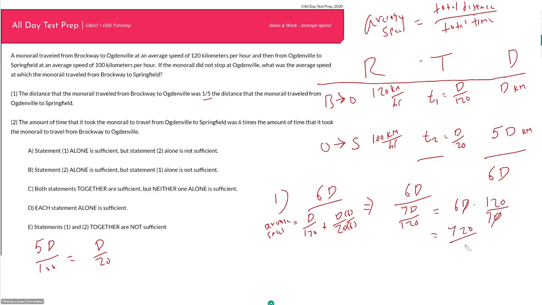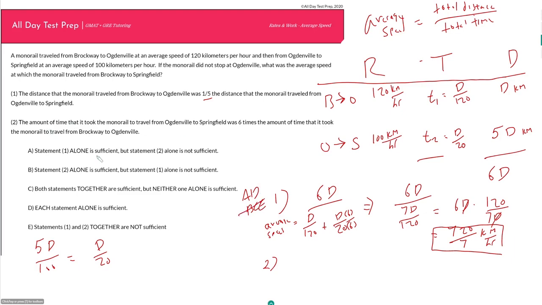Average speed is 720 over 7 kilometers per hour. I don't know what that is exactly, but it looks like it's a little bit more than 100, which makes sense. And so statement 1 is sufficient. B, C, and E are out.